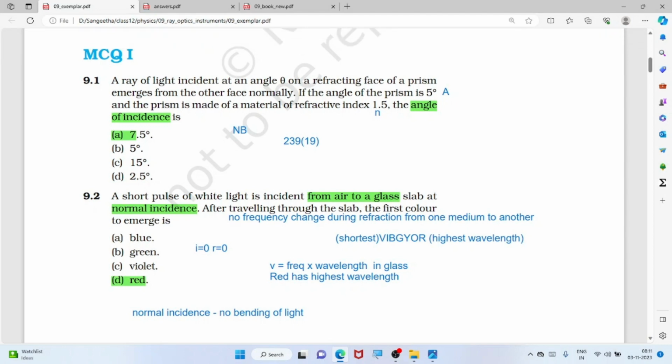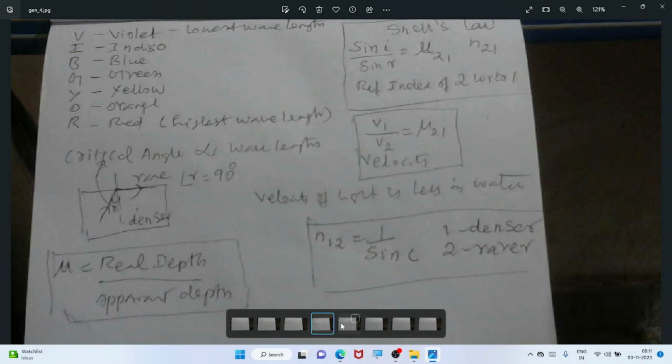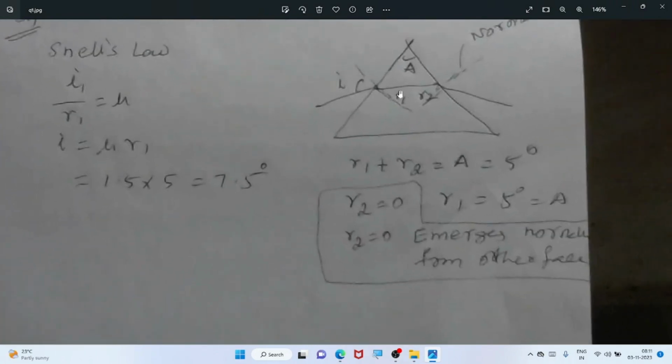If the angle of the prism A is 5 degrees and the prism is made of a material with a given refractive index, they are asking for the angle of incidence. See here, this is R1, this is R2. Emerging normally on the other side means R2 is 0.